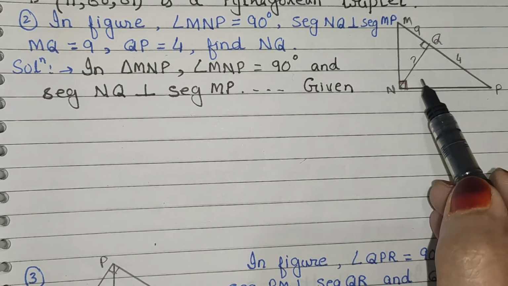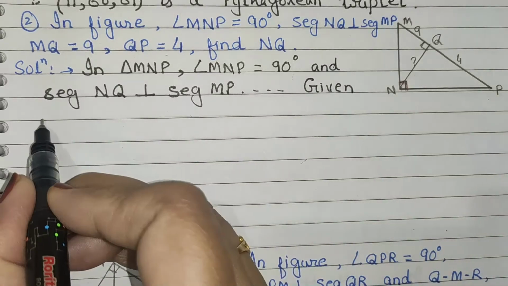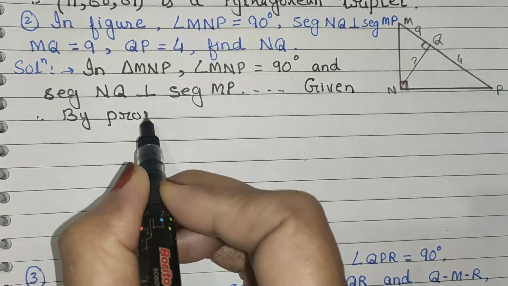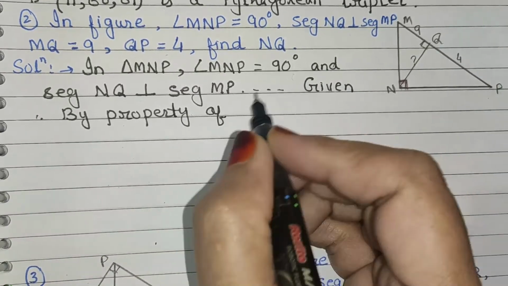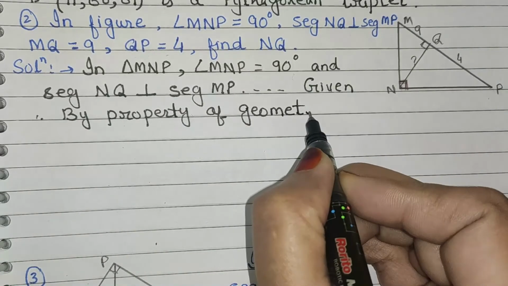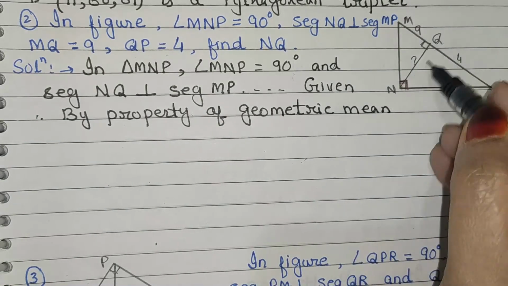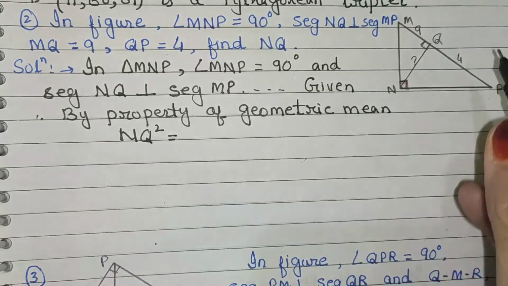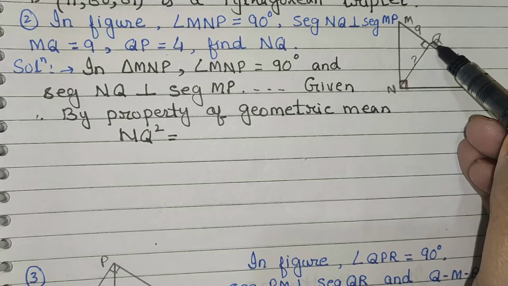Now, by property of geometric mean, NQ square is equal to MQ into QP.